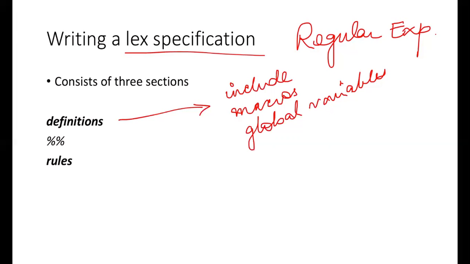This is followed by the rules section. The rules are the central part of these Lex specifications, because this is where we specify the regular expressions and the actions that will be taken if that regular expression finds a match in the input. So you have the rules, followed by again the 2 percent symbols, which marks the end of this section.